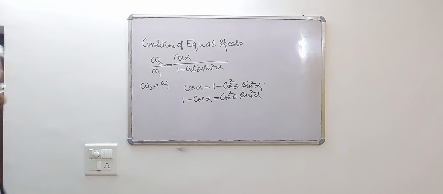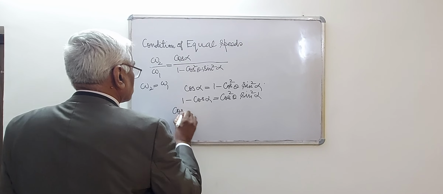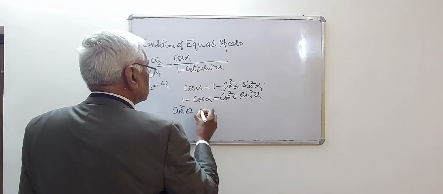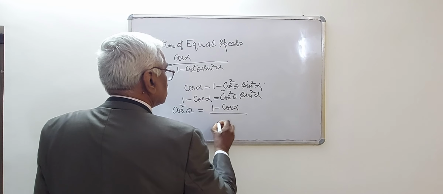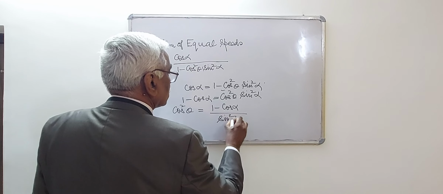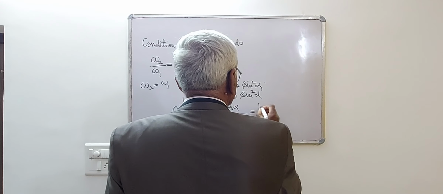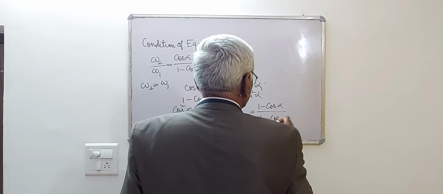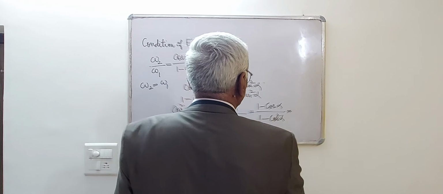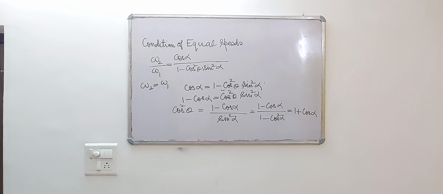Or it can be written as cos square theta is equal to 1 minus cos alpha divided by sin square alpha. Or it can be written as 1 minus cos alpha divided by 1 minus cos square alpha. And it comes out to be 1 divided by 1 plus cos alpha.